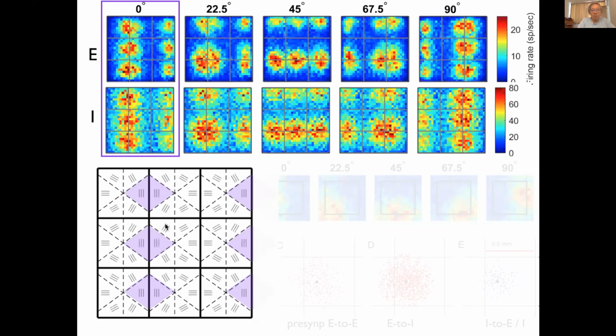They are wired as such. Of course, you don't wire everything perfectly, but they are predominantly wired to prefer vertical. And indeed, when you present a vertical grating, these are the parts that light up. Lighting up means that it's firing high. This means dark. This is E and this is I, and you can see that the I neurons are more broadly tuned, so it has a much bigger footprint in this picture.